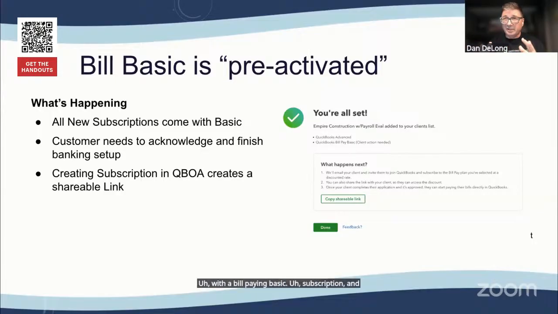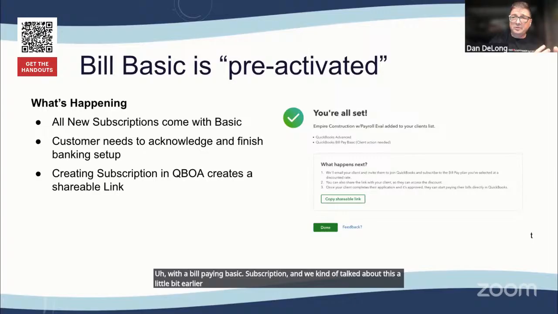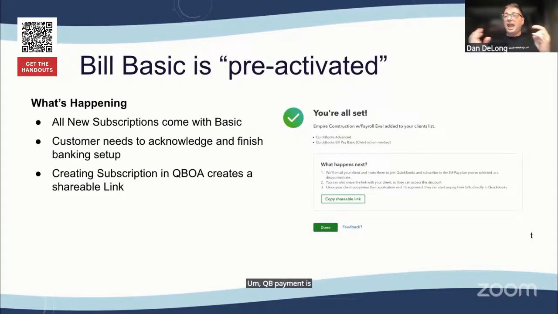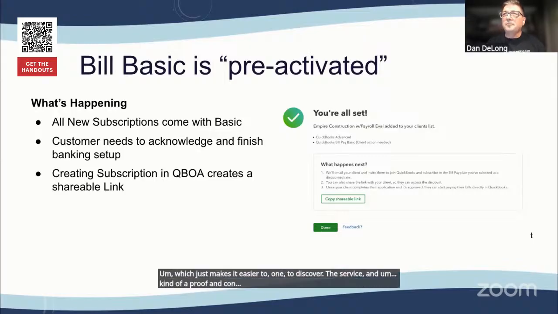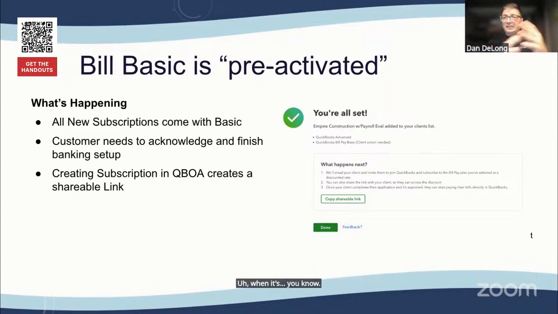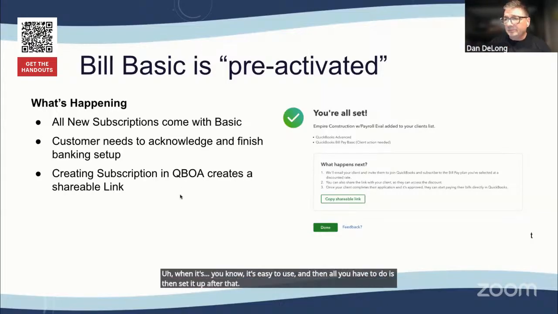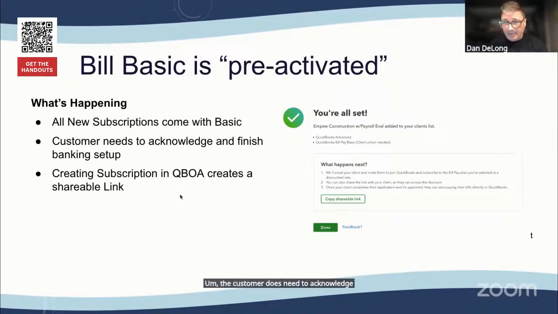And we talked about this a little bit earlier when we were talking about QB payments being kind of half set up when you start a new subscription, which just makes it easier to discover the service, and kind of a proof of concept when it's easy to use, and then all you have to do is set it up after that. The customer does need to acknowledge and finish the banking setup because there is money movement involved.